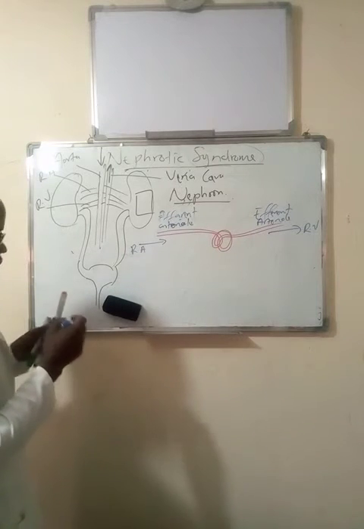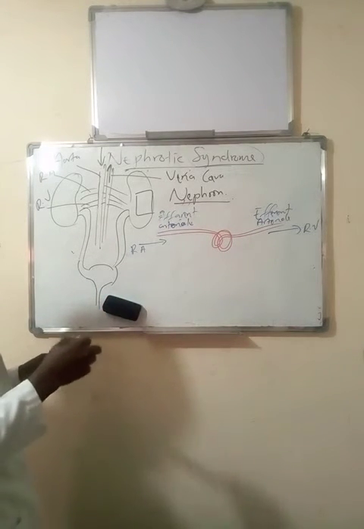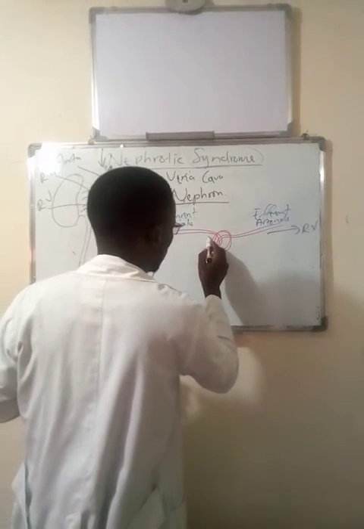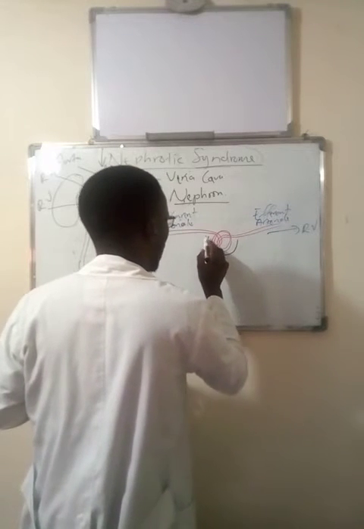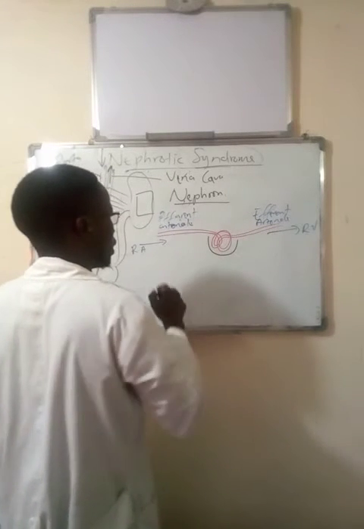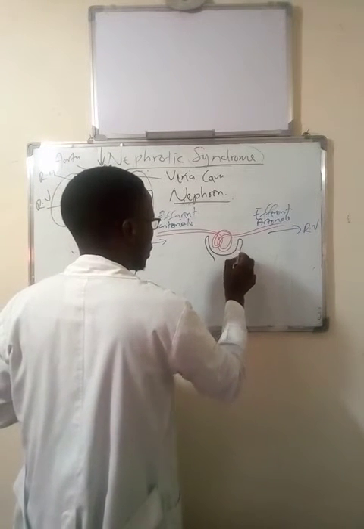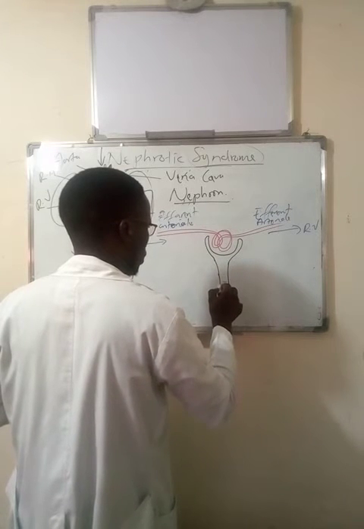When it reaches here, it coils up, and then it forms the Bowman's capsule. I mean the renal corpuscle. The renal corpuscle is made up of the Bowman's capsule and the glomerulus. Bowman's capsule then forms the renal tubule.